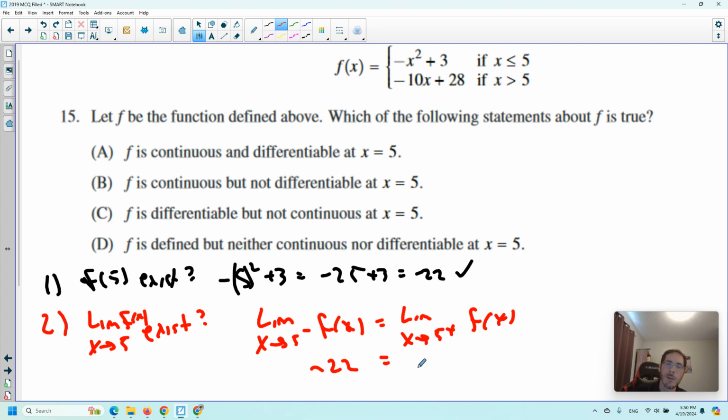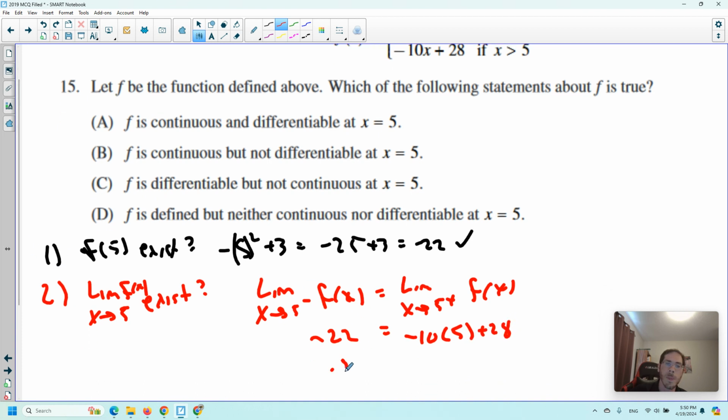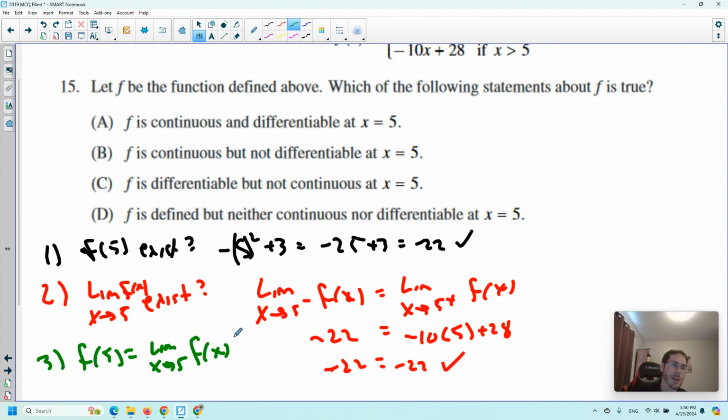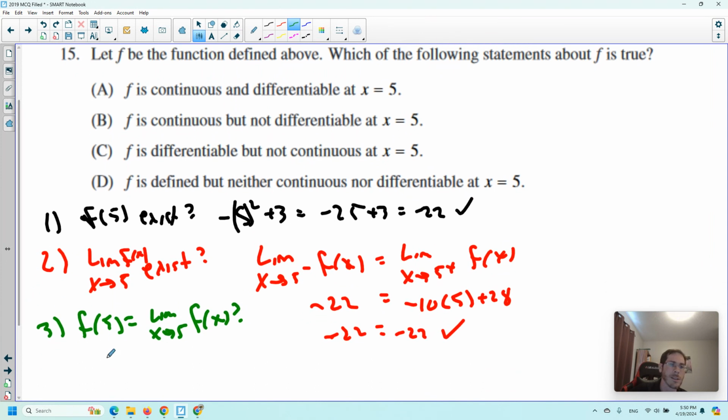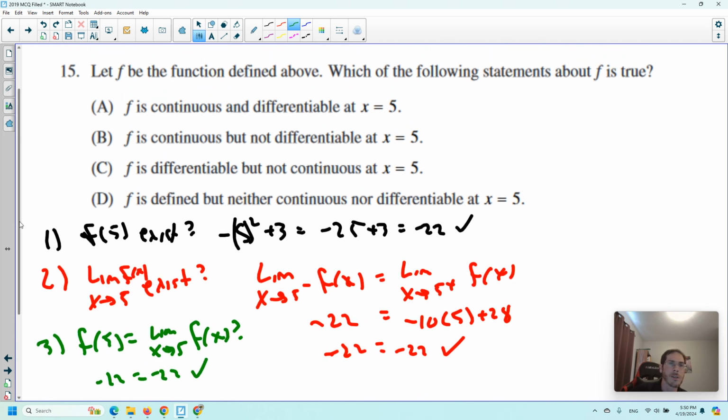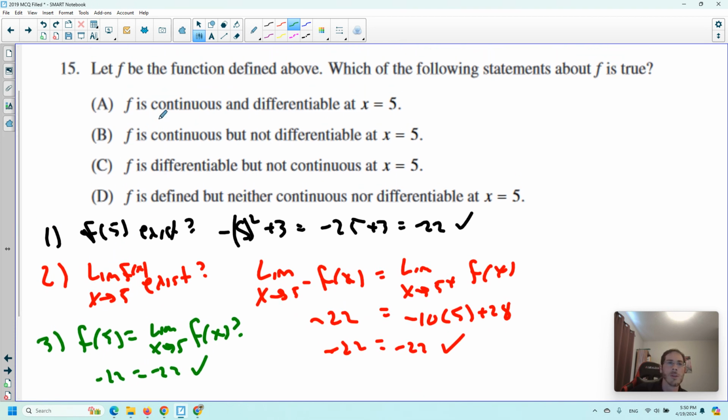Down here, we still have to plug in 5, so negative 10 times 5 plus 28, and that is negative 22. Negative 50 plus 28. That checks out. 3. Does f of 5 equal the limit as x approaches 5 of f of x? And yes, it does. Negative 22 is equal to negative 22. All right, so we're continuous. We passed all 3 continuity rules.